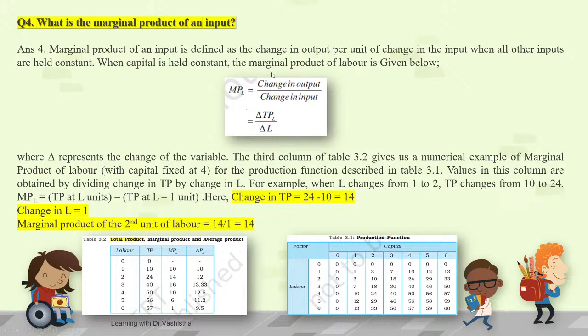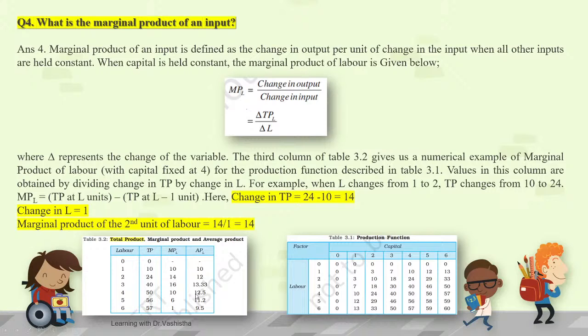So when capital is held constant, for example, again here we are keeping capital constant, the marginal product of labor will be calculated like this: delta TPL upon delta L. Delta here represents the change of the variable. So here if you see in this table 3.2, it gives you the numerical example of marginal product of labor when the capital is fixed at 4 units.